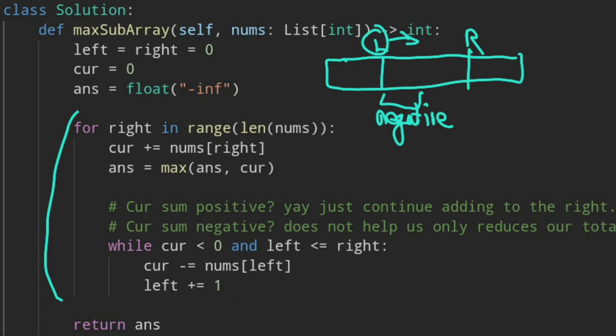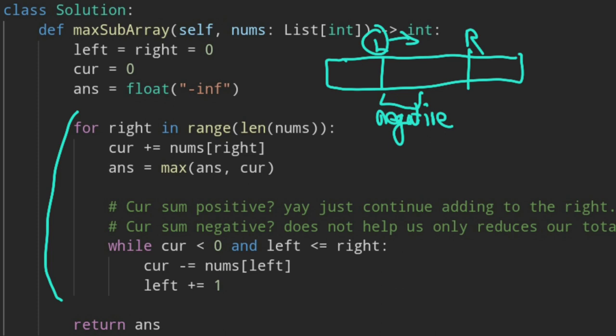So basically, on each external loop iteration we increase the right pointer, we update the current sum, and we update the answer to be the max of the answer and the current sum. And now we need to decide on the left pointer. If the current sum is less than 0, it's negative, increase the left pointer, as long as left is less than or equal to right. Of course, when we increase the left pointer, we remove the current left number from the current sum. That's it for this problem, and later on we return the answer.